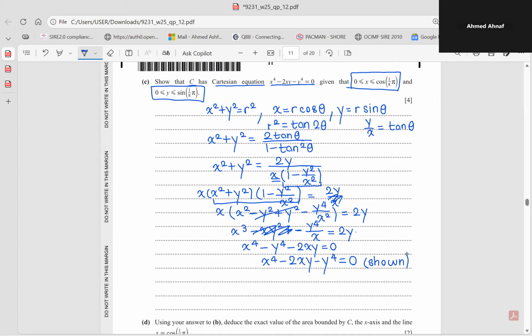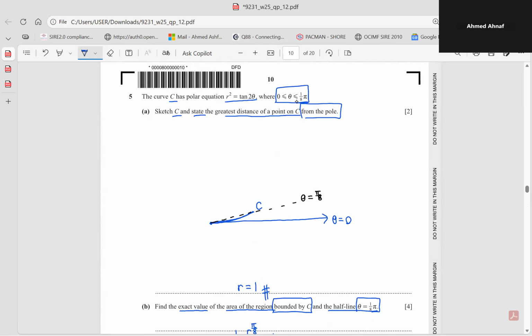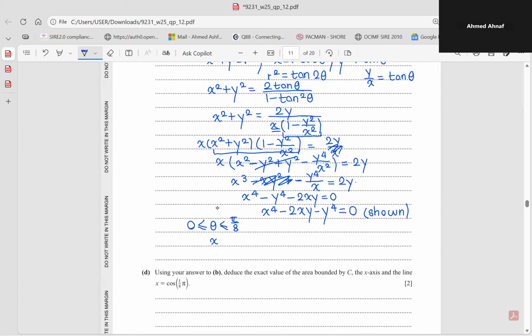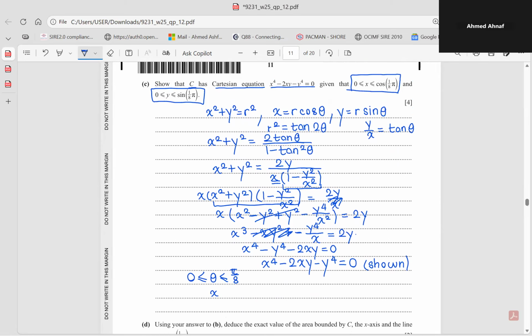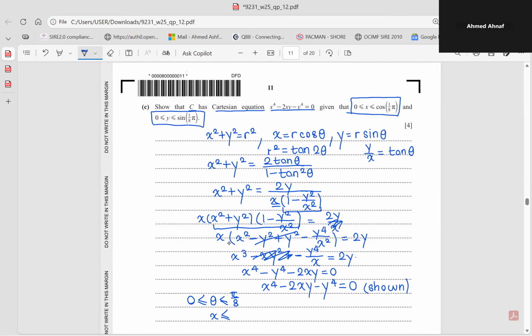We also have to convert our domain for theta into x and y. It's very simple. You can just write down your domain for theta. For x, it's going to be r cosine theta.